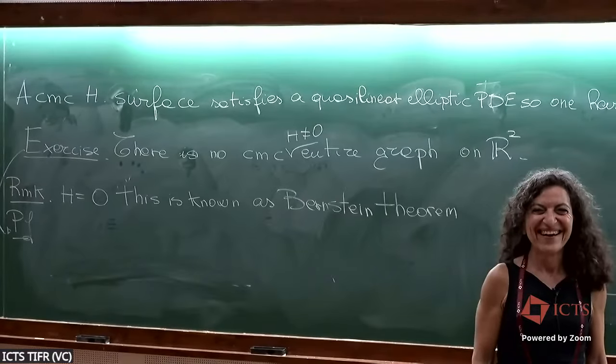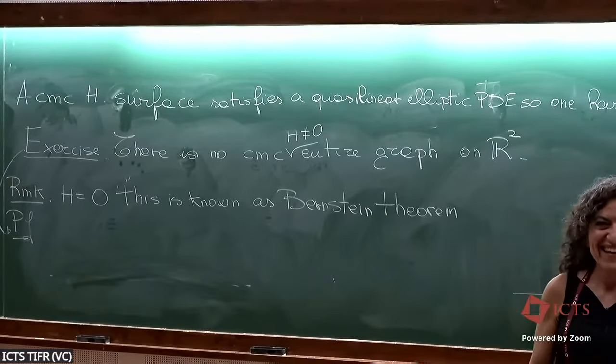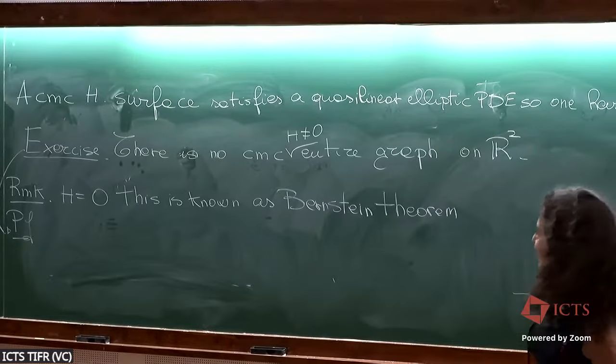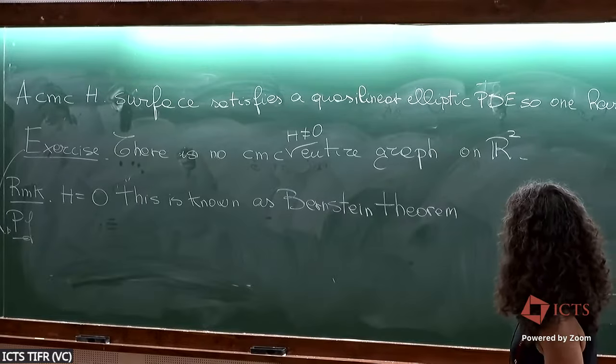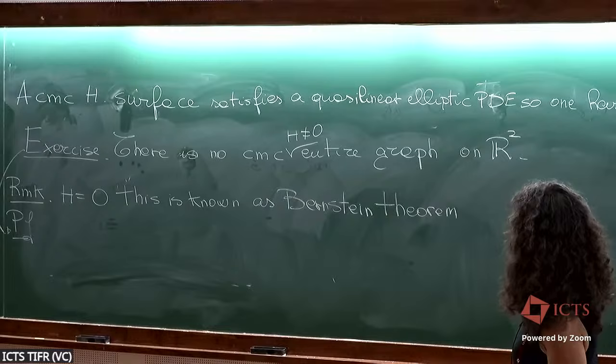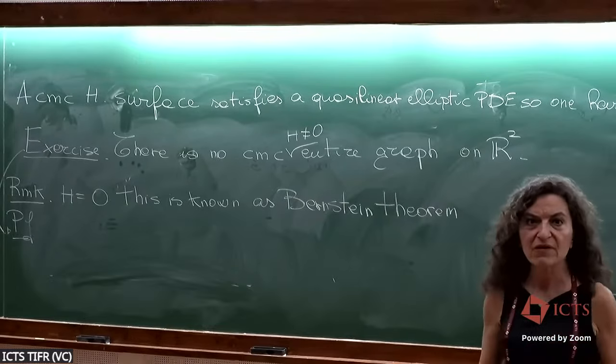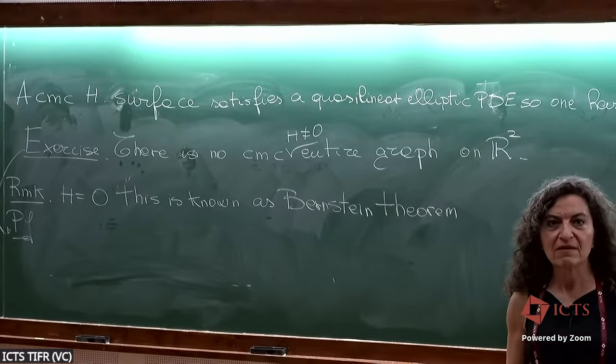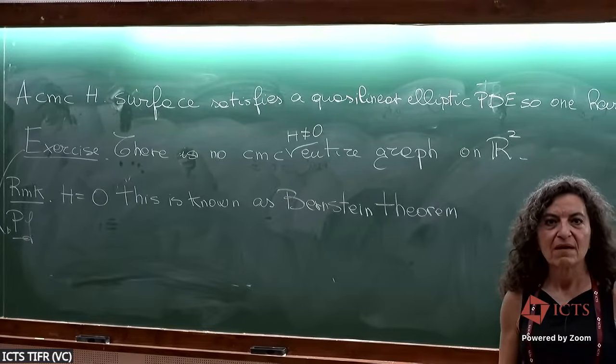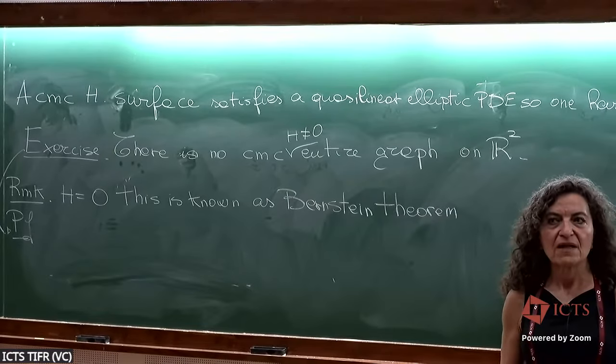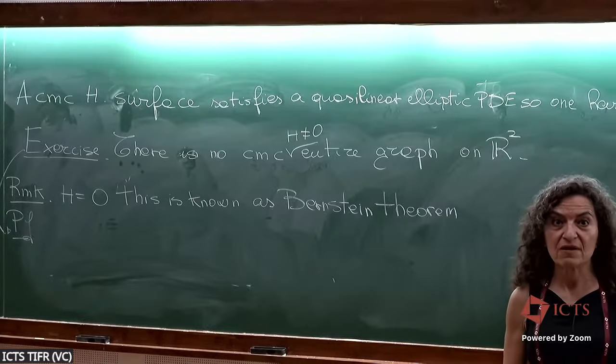Sorry, but when you say exercise, there's no CMC, non-zero graph over R2, that's correct. There is no CMC, non-zero entire graph. You know, some people might think there's the plane, but the plane is not constant mean curvature. The plane is zero mean curvature. Exactly, and then look at your next line.